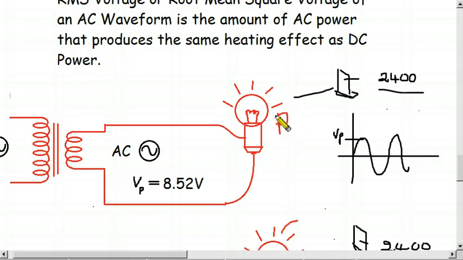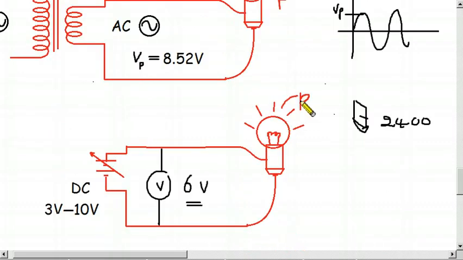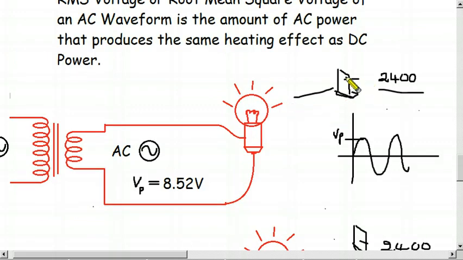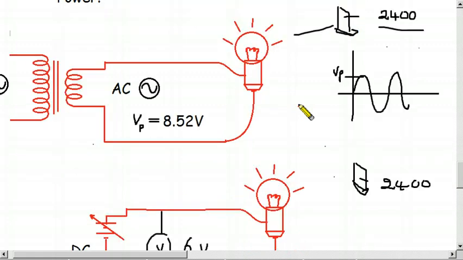So if the power is P here, the same power must be dissipated from this second setup. So that is why I said you have to measure the intensity. Intensity is proportional to the power. So if you measure the intensity, you can assure that power is equal in both cases.